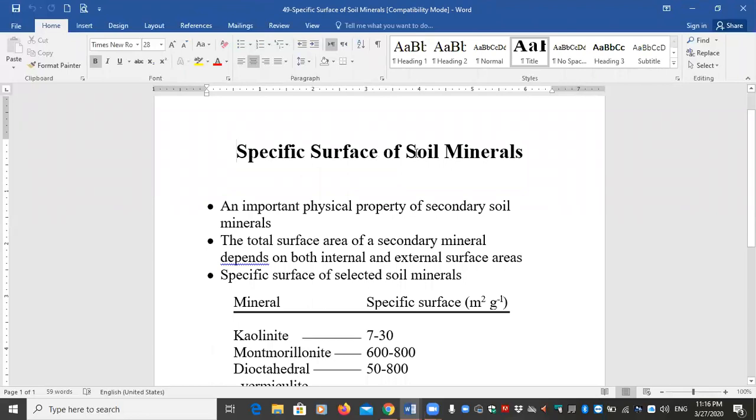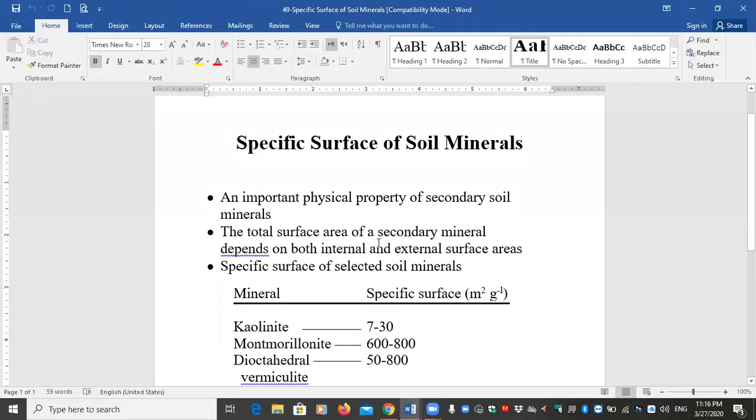This is how we can compare. We take, say, a gram of kaolinite, a gram of montmorillonite, then we can determine the surface of each of these masses. This is how you can compare and say the surface of montmorillonite is so many times more than kaolinite based on that mass.